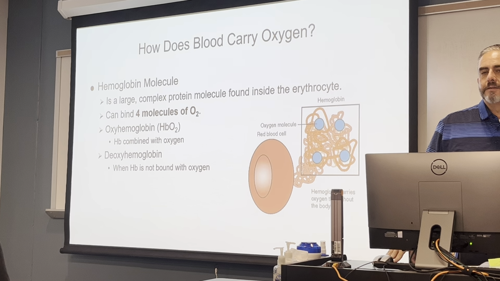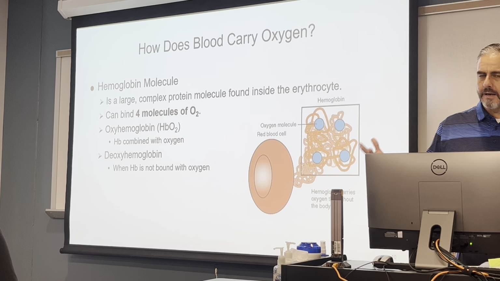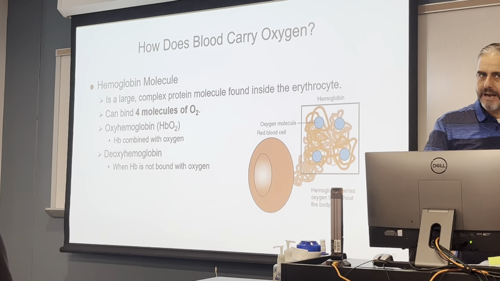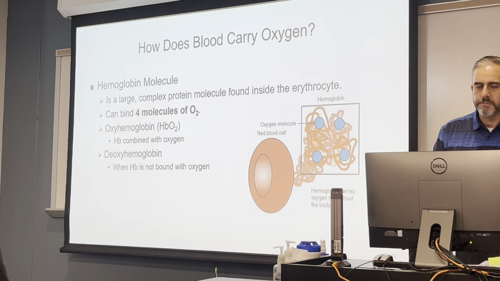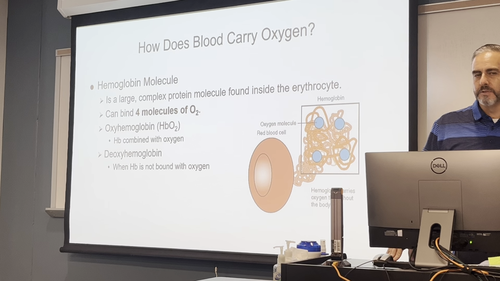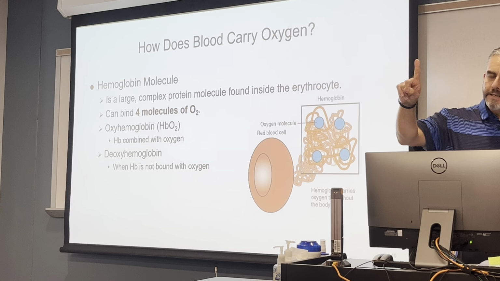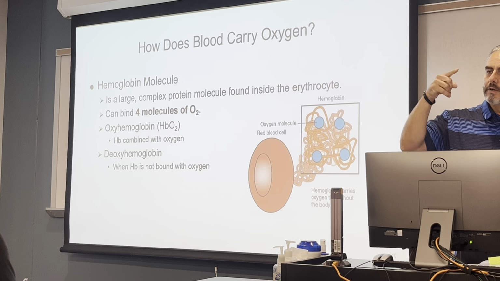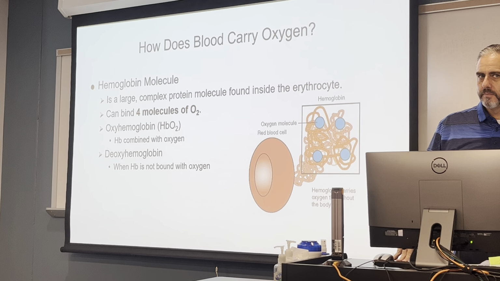All right, so the hemoglobin molecule. Again, 98% of the total oxygen we're carrying is going to be bound to hemoglobin. The hemoglobin molecule is a large complex protein molecule found in the erythrocyte, a fancy way of saying the red blood cell. And one hemoglobin molecule can carry or bind with 4 oxygen molecules.